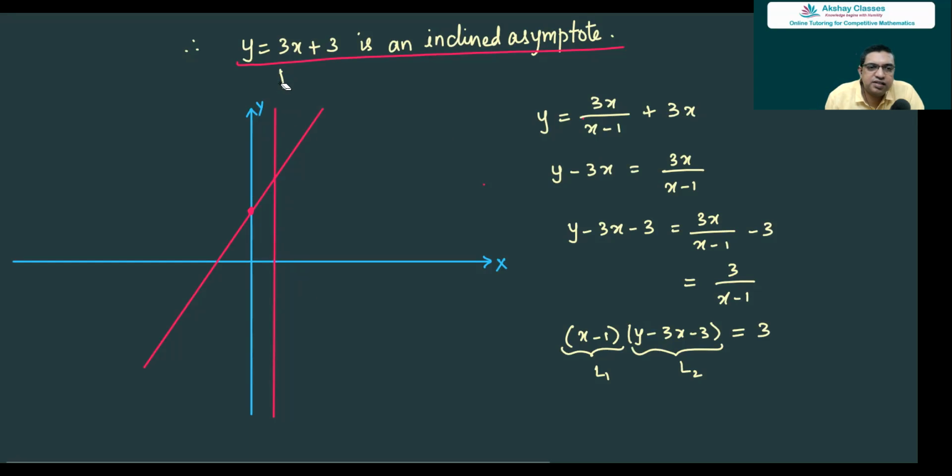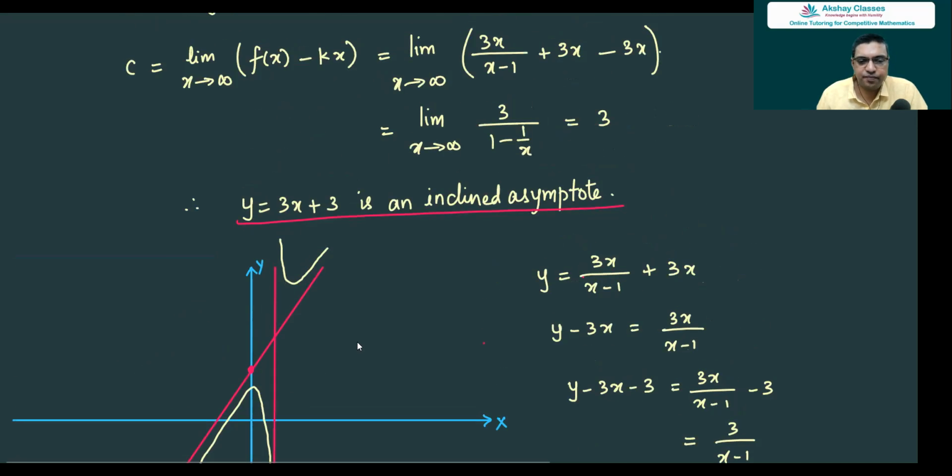And it is a hyperbola. So a hyperbolic curve, something like this. And then another branch of the hyperbola will exist on the opposite side. This will be the graph of this curve.